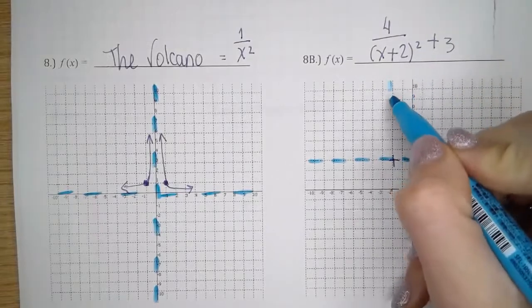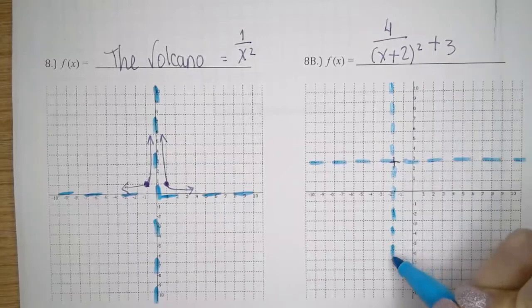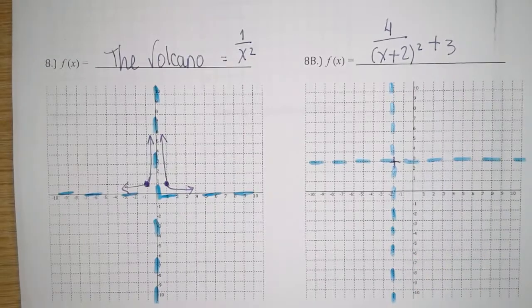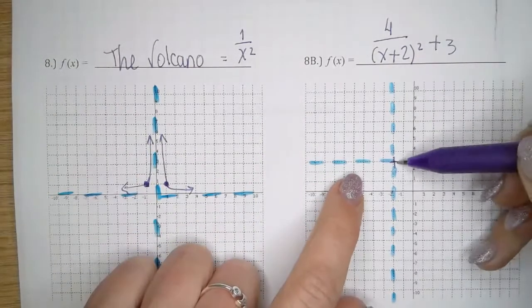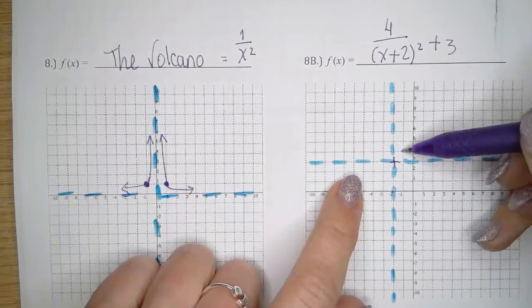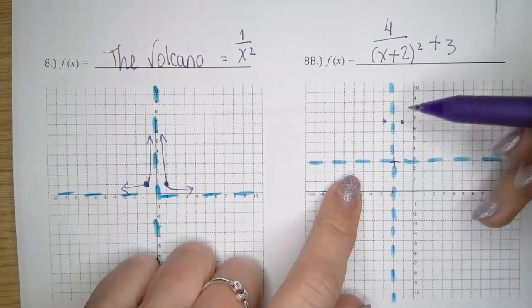My vertical and horizontal are all done. It's not negative, so it's still up here. It's normally 1, 1, but there's a 4, so 1, 2, 3, 4 instead. Same idea right here.